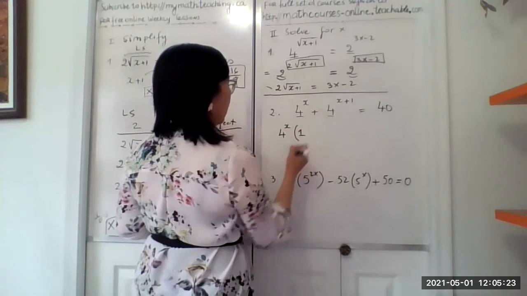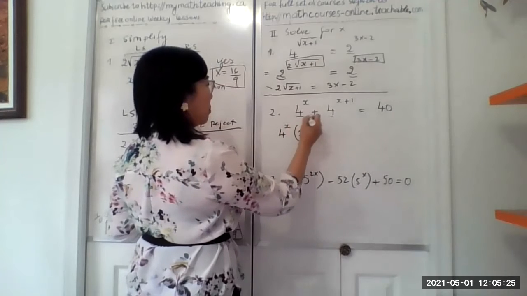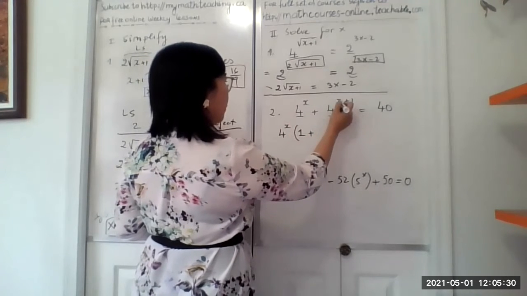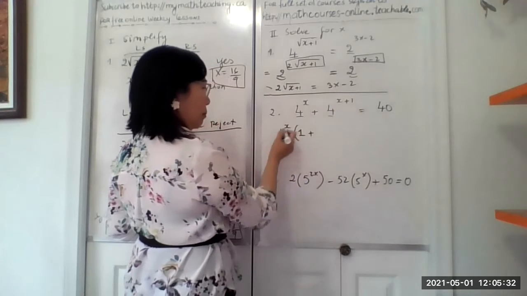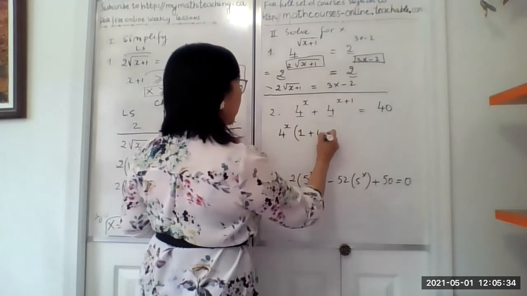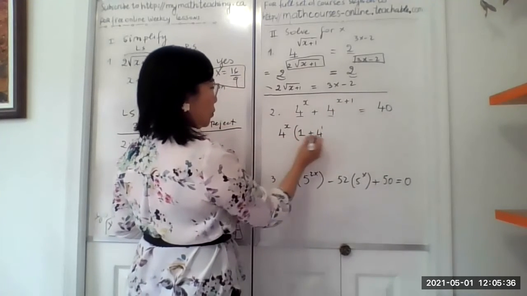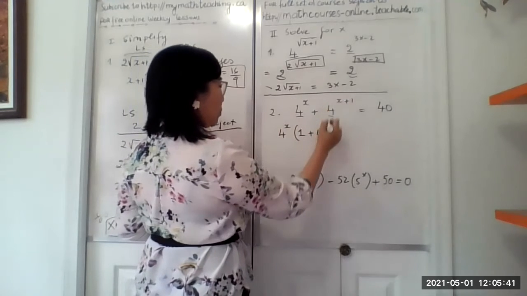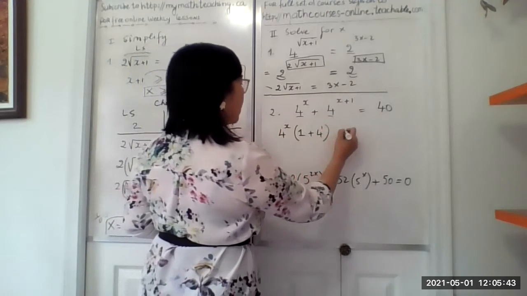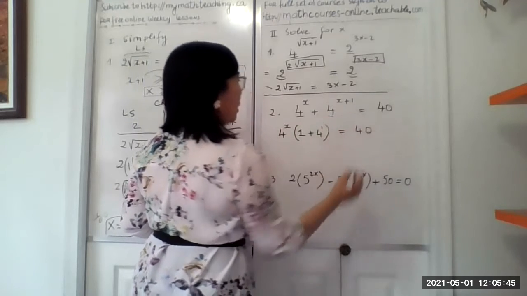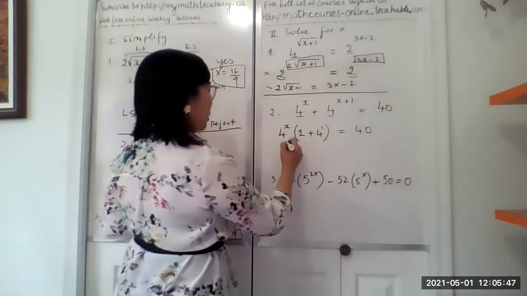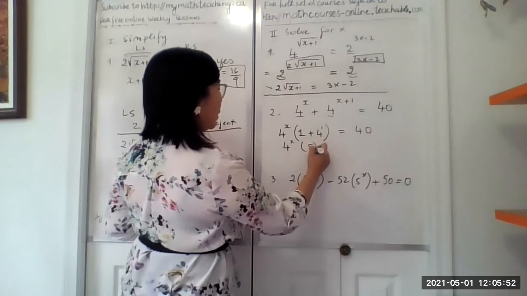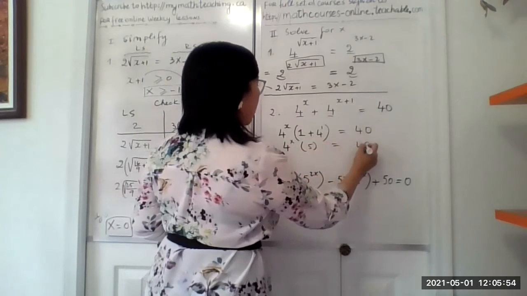Inside, I'm left with 1, so that I can get back to this. The next term is 4 to the power x plus 1, which means we have to add another 4, because when you multiply, you add the powers. So we get back to that. Equal to 40. At this point, you have 4 to the power x times 5 equals 40.